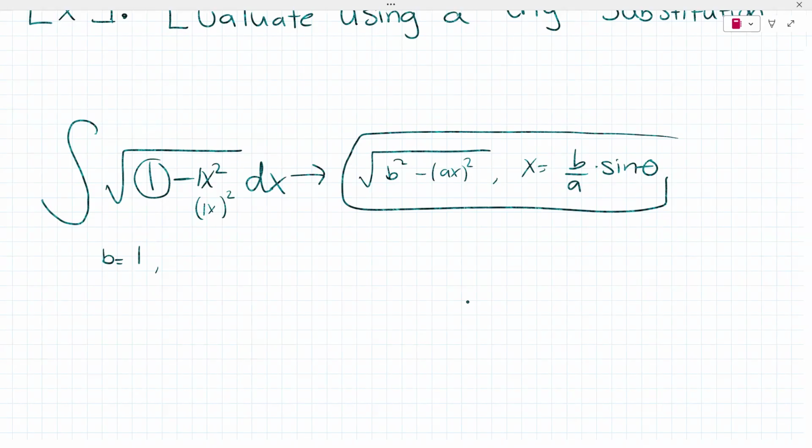So my a is 1. Then we solve for x: x equals b over a times sine theta, so my b is 1, over 1, times sine theta. So x equals sine theta.